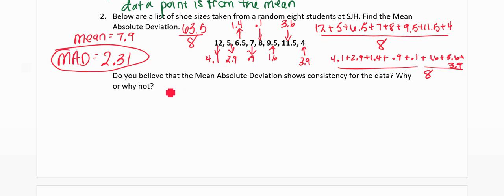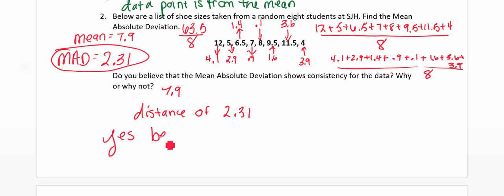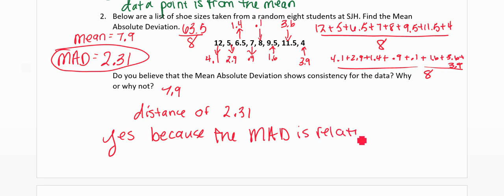So on average, students have a distance of 2.31 sizes away from 7.9. So I would say that our data is pretty consistent because the mean absolute deviation is relatively small.